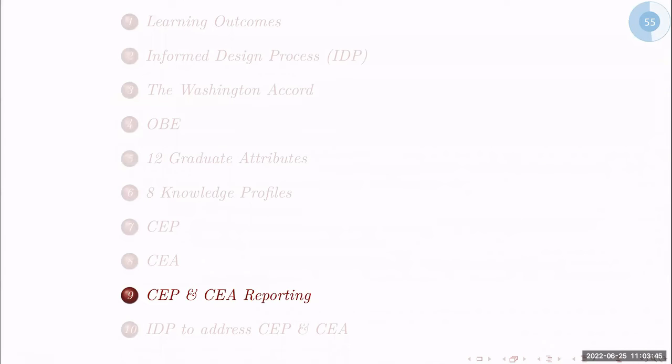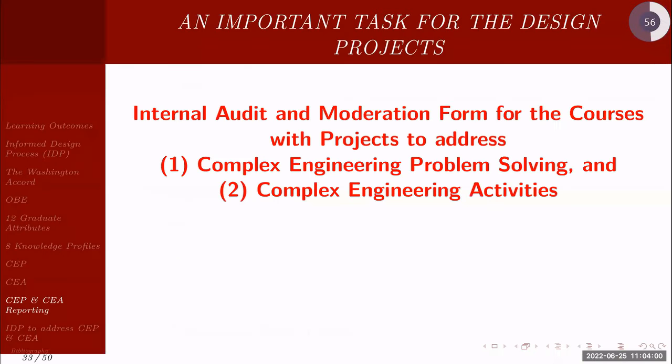Now, in our program, or in any program trying to implement the requirements of the Washington Accord, they should report complex engineering problem solving and complex engineering activities. So at OST, we have developed templates for different courses, which should be used.